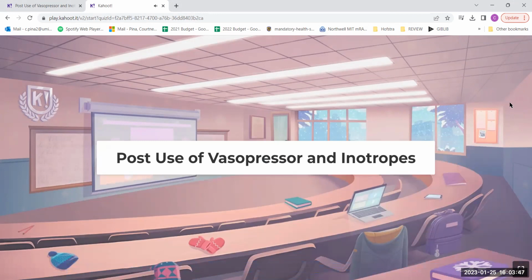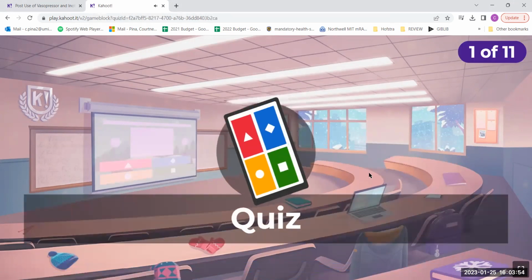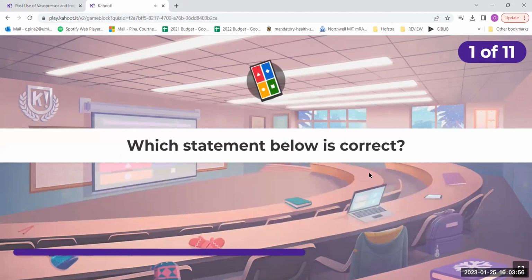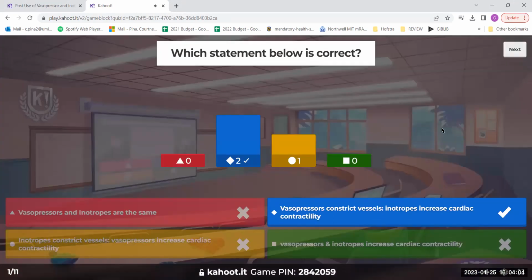So, similar questions. Hopefully you guys aren't memorizing the answers, but understanding why the answers are what they are. Remember that vasopressors are really big on constricting the vessels, and inotropes are focusing on cardiac contractility.